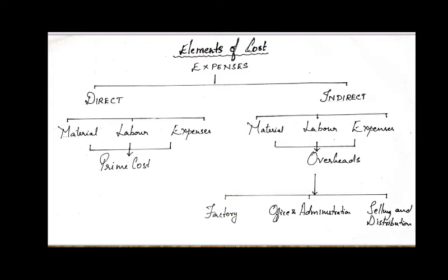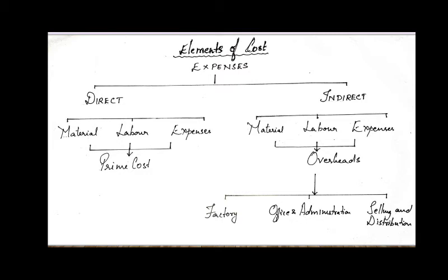From these sales, we get profit or loss. If the cost of the product is less than the sales, then it is profit, and if the cost of the product is more than the sales, then it will result in loss. This can be understood while preparing a cost sheet.